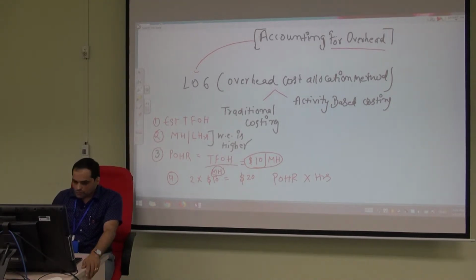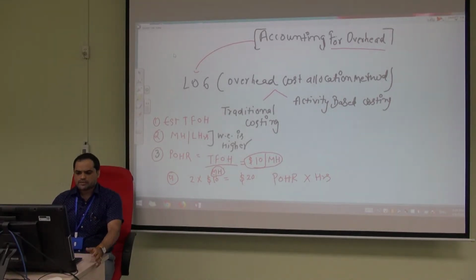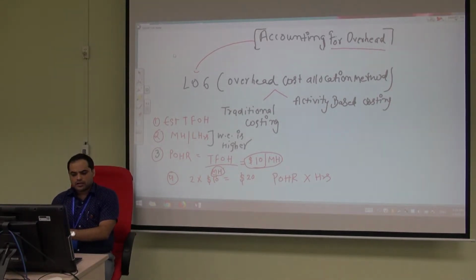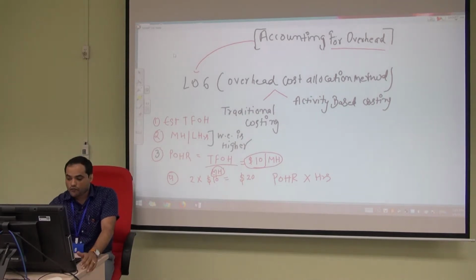Now we move on to activity-based costing. Again we have the same 4 steps to estimate the total factory overhead for a single unit, a single product. But the difference between traditional costing and activity-based costing is of course activities.